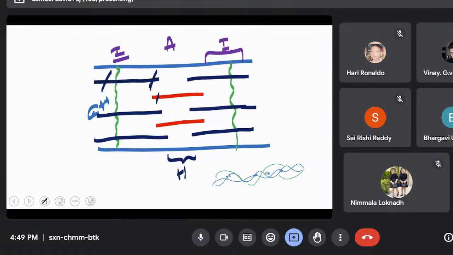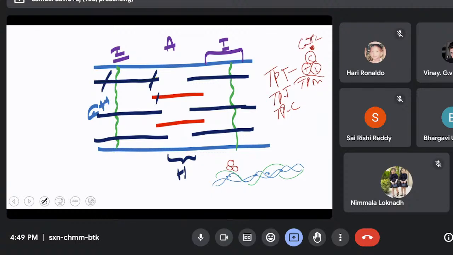Now, in addition to this, there is another protein called troponin with three subunits: troponin T, which attaches the troponin complex to tropomyosin. Another one is troponin I, which inhibits contraction. And another one is troponin C, which can bind with calcium ions.